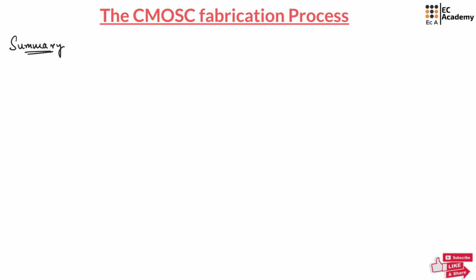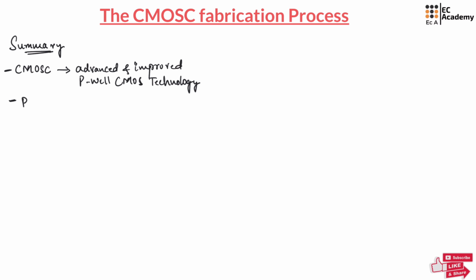So finally summarizing the things, we understood that CMOSC is an advanced and improved P-well CMOS technology. Here we use boron for P-channel transistors and phosphorus for N-channel transistors.